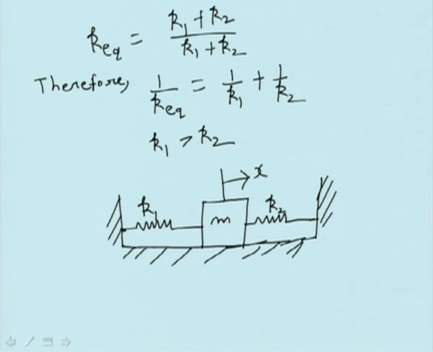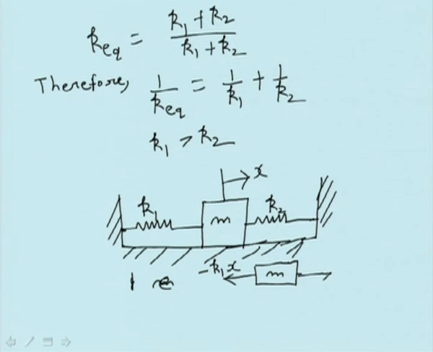Now if this mass is displaced by some distance, making the free body diagram, this is m, this is minus k1 x. This spring gets compressed because suppose this gets stretched by x, the other spring gets compressed by x.